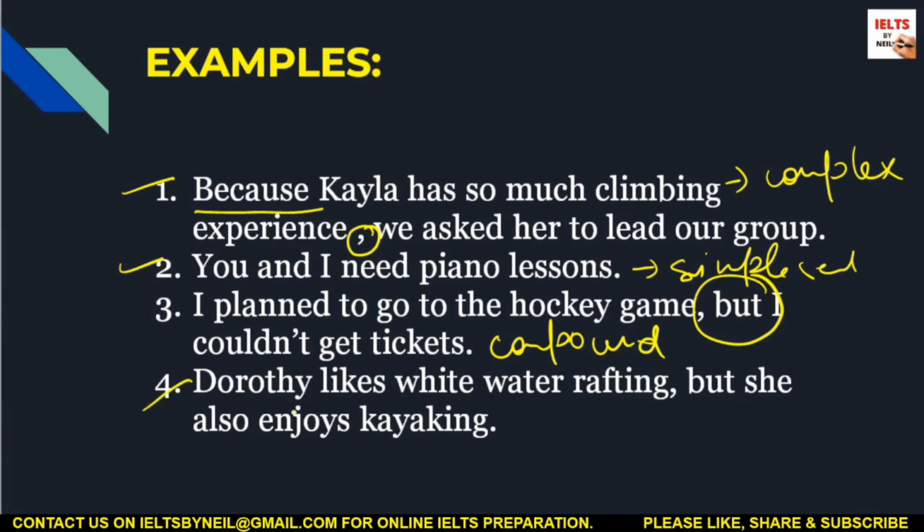Next one, Dorothy likes white water rafting, comma, but she also enjoys kayaking. So it will be again a compound sentence because a coordinating conjunction is used to join two simple sentences like here.